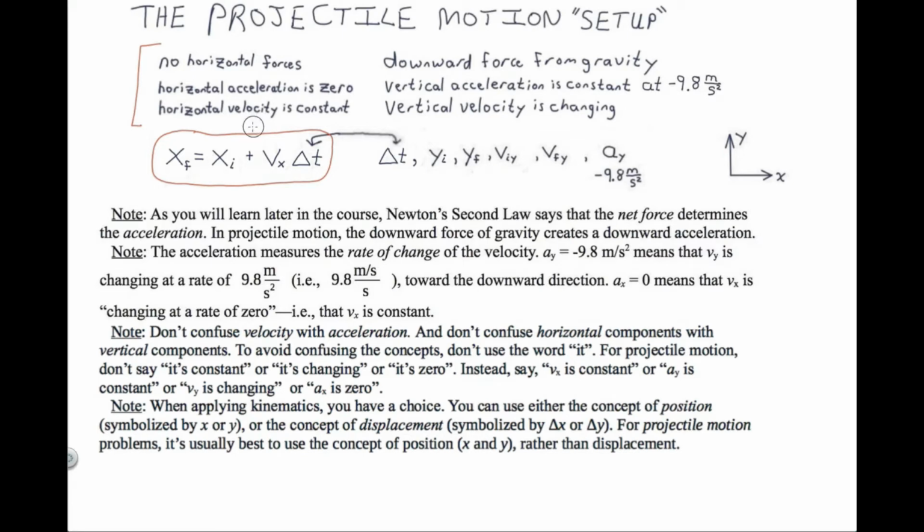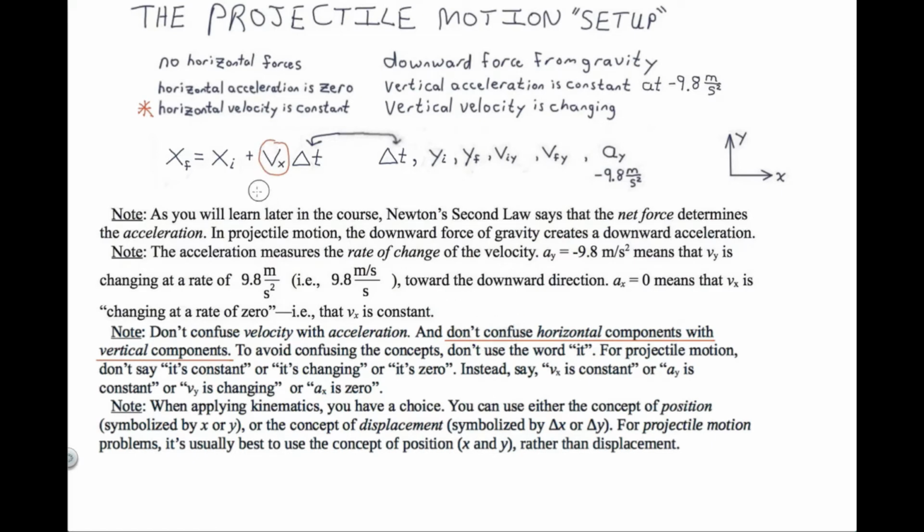The kinematics equation for constant velocity motion in the x component is x final equals x initial plus v sub x delta t. The symbol v sub x takes it for granted that the horizontal velocity is constant. That's why we can use the single symbol, v sub x, to refer to the horizontal velocity at any point during the interval of projectile motion.